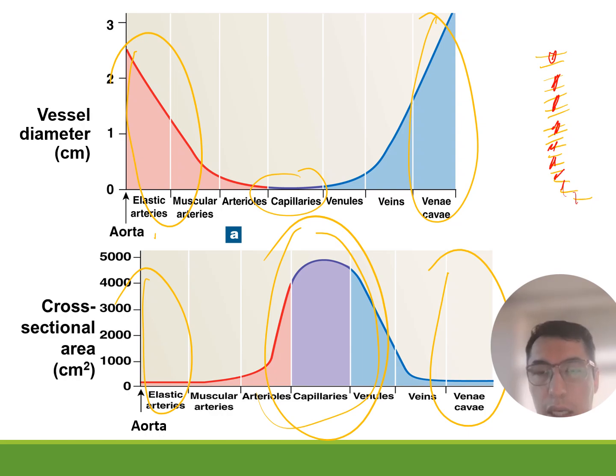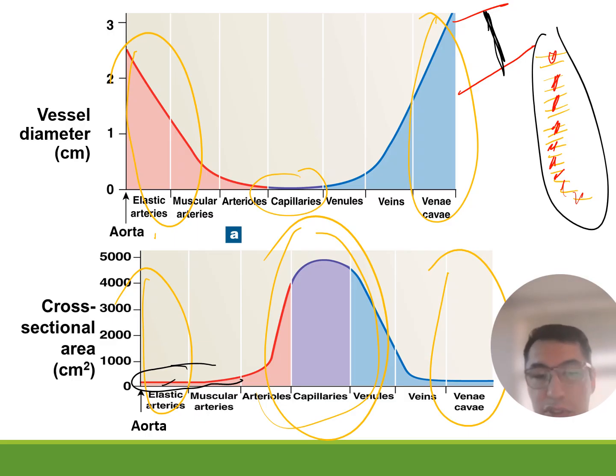Because there are just so many of them throughout your body, that size ends up being so much larger. Now, arteries, even though they are bigger in diameter and are larger vessels, there are only fewer of them. So the space from here to here may be larger, however, the cross-sectional area is less compared to that of capillaries because we just have so many more of them. Okay.